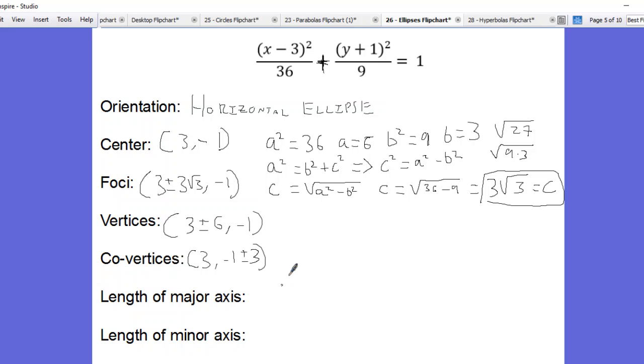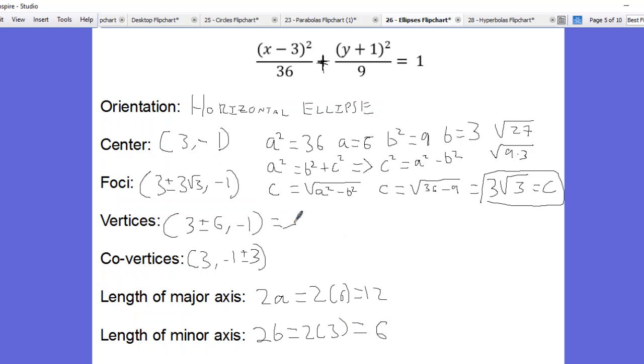The length of the major axis, if A is 6, 2A is equal to 2 times 6, which is 12. And if B is 3, the minor axis is 2B, which is 2 times 3, which is 6.